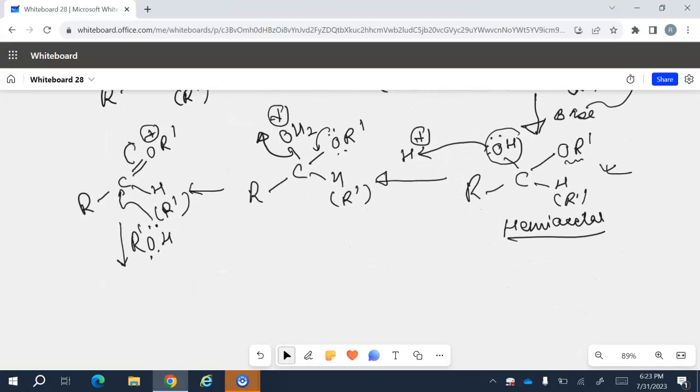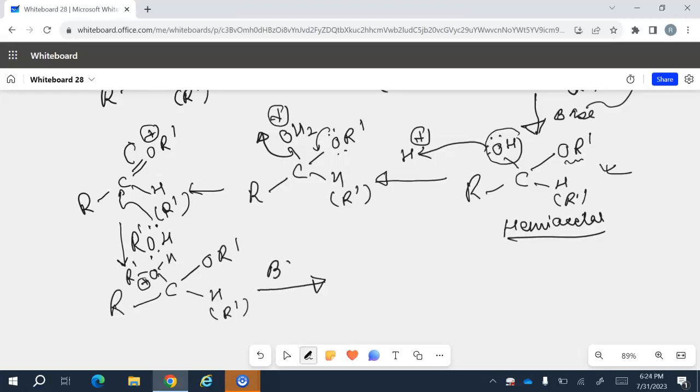And you carry on the same reaction one more time. So you have your OR', and you have added another molecule of R'OH with the plus on this. Then ultimately you use a base to deprotonate that, so this will grab the proton and this will be neutralized.